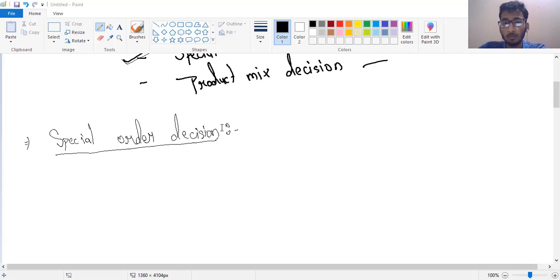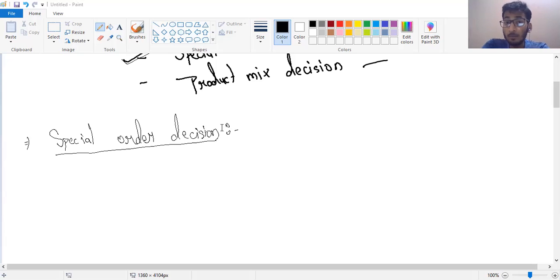Suppose I'm at a no profit, no loss situation, having zero profit if I accept the order of making calculators, or I am having a little amount of loss.